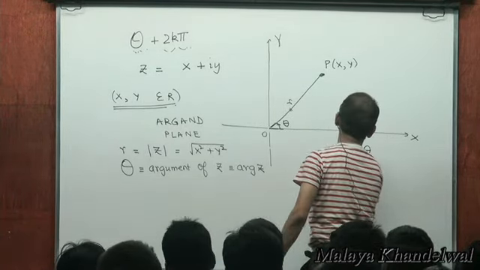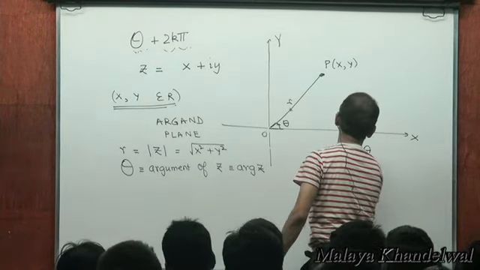If there is a complex number z, which is represented by the point P, say the modulus of the complex number z is r.